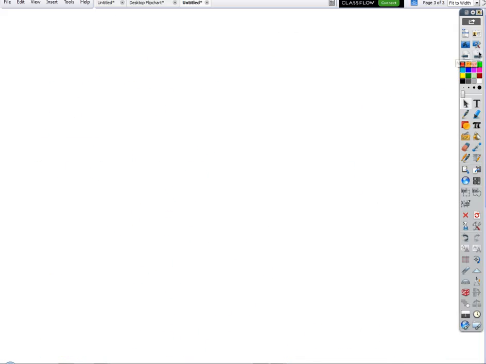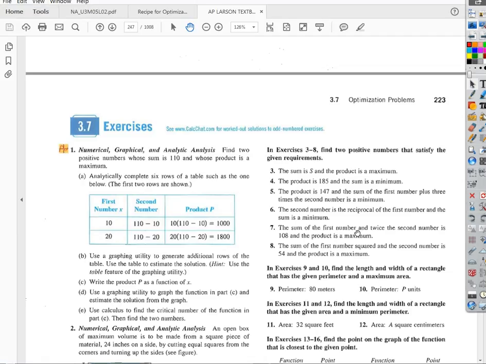Okay, let's try another one. How about this? The product is 185 and the sum is a minimum. That's kind of cool. Why not? Find 2 numbers that do this.